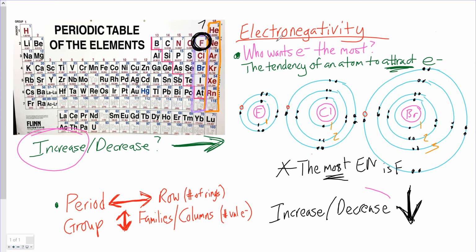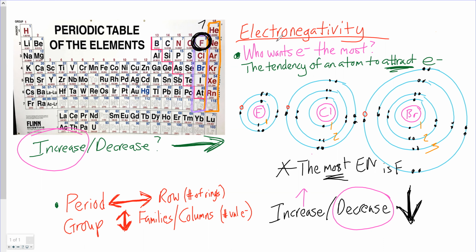So you can either remember that it's decreasing going down, or that it's increasing going up. But as long as you're moving towards fluorine, you should be okay. So let's do just one practice problem, and then we'll be done for the day.